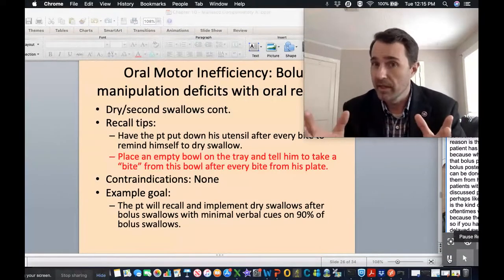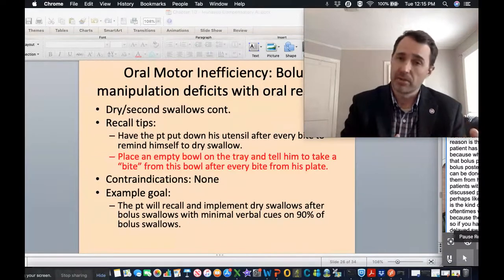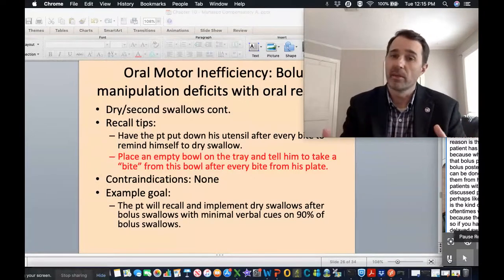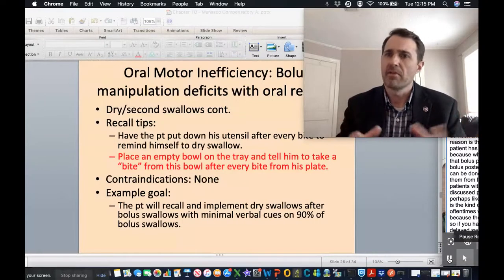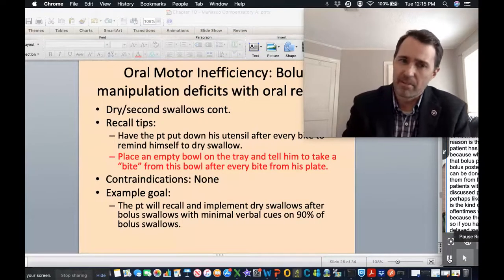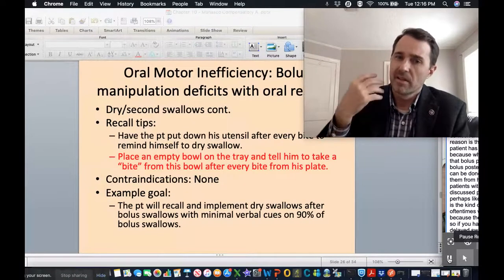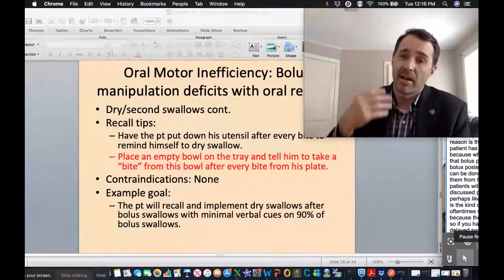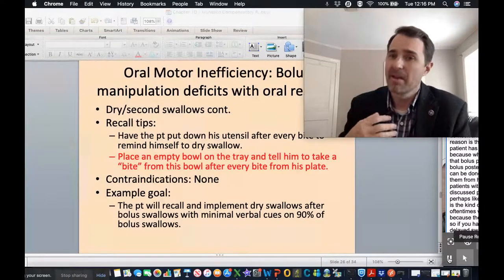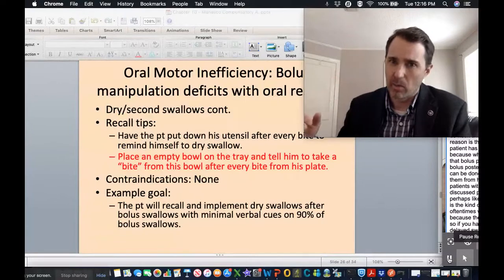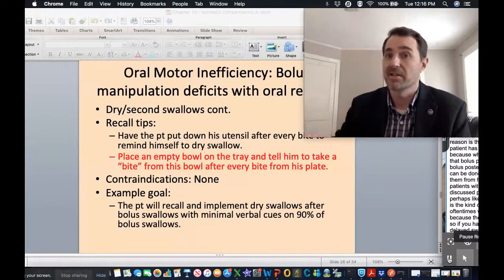But then again, if they're able to adhere to your suggestion and do it anyway, then it probably doesn't matter that they're confused in that moment, if it helps them achieve the second swallow and clear their stasis out of their oral cavity, out of their pharyngeal cavity, making them at a lower risk of aspirating that pharyngeal or oral stasis later on.